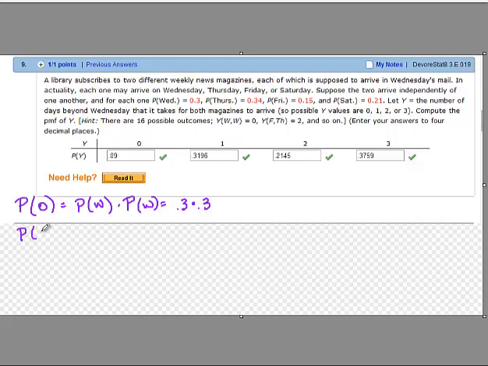Probability of 1. Now this is going to be kind of a little chart. I'm just going to do it like this. This means probability of a Wednesday and a Thursday, or probability, and we have two magazines, so I have to remember that it could be a Thursday for the other one, and probability of a Wednesday for the second one, or they could both get there on Thursday.